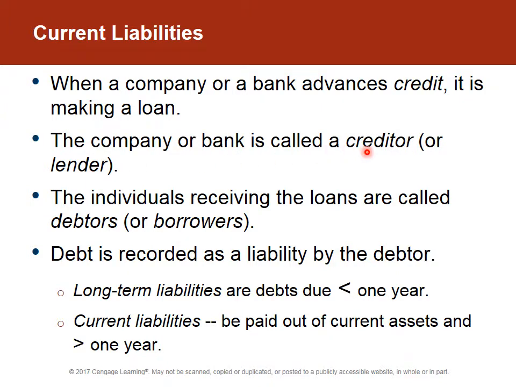But the creditor is the lender. That's where they talk about establishing good credit. And the borrower is the debtor, the person that owes the debt. Debt is a liability by the debtor, and if it's long-term, it's greater than 1 year. If it is a current liability, it is less than 1 year.